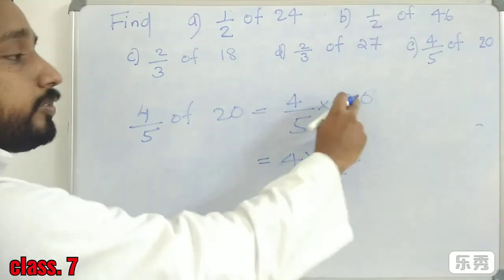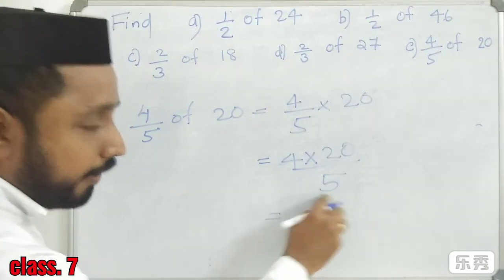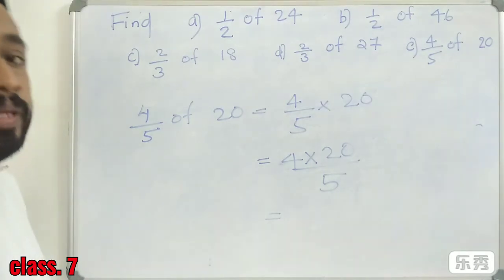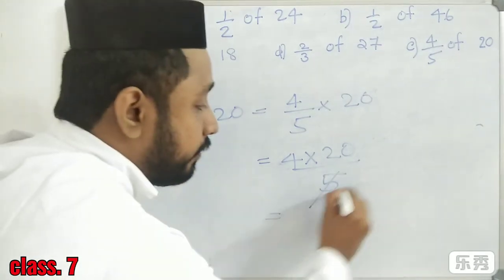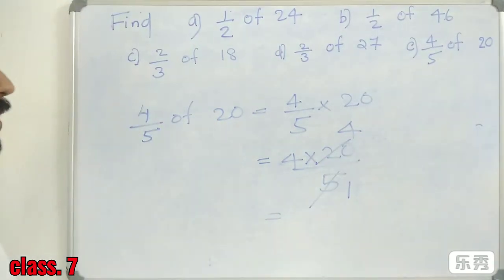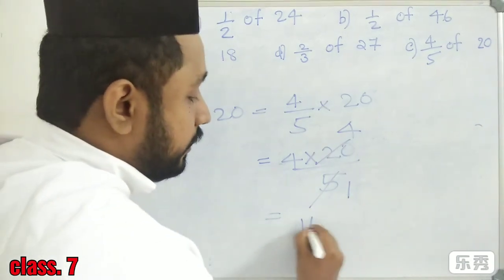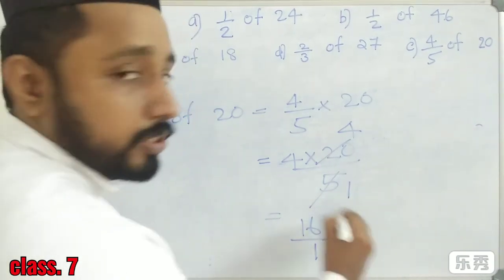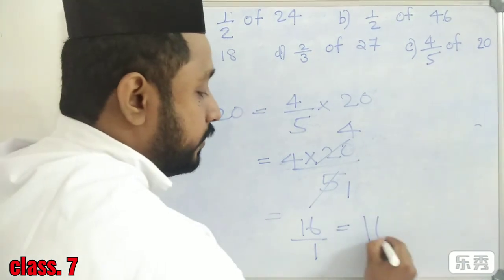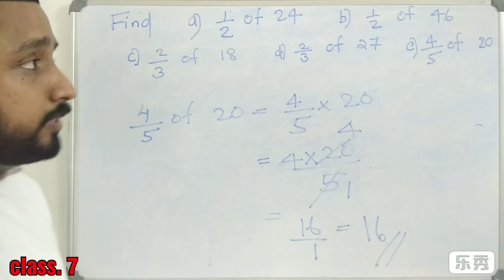Here 20, here 5, there is a common factor 5. We can cut with the 5. Therefore we got 1. 4 into 5 is 20, therefore we got 4. So 4 into 4 by 1, which is equal to 16 by 1, equal to 16. So 4 by 5 of 20 is 16.